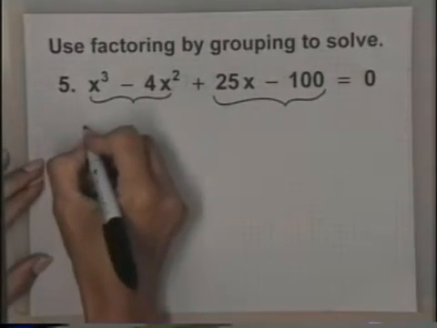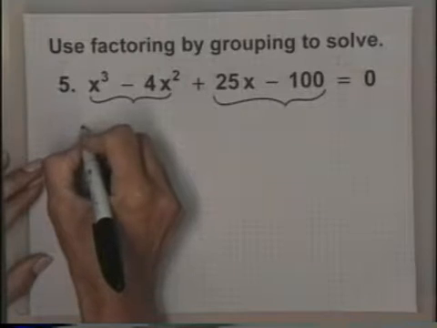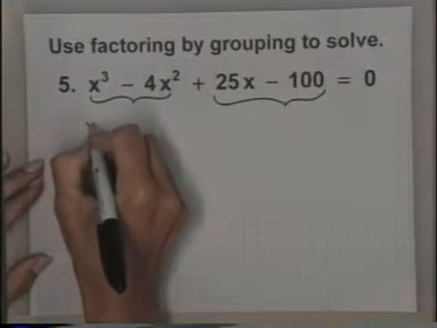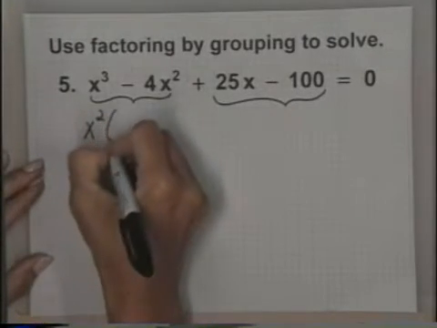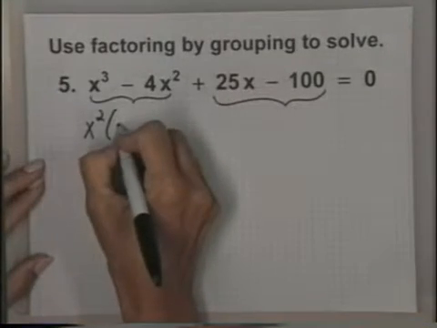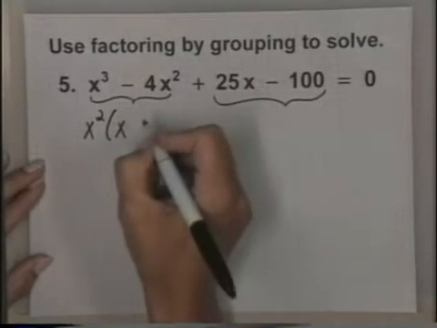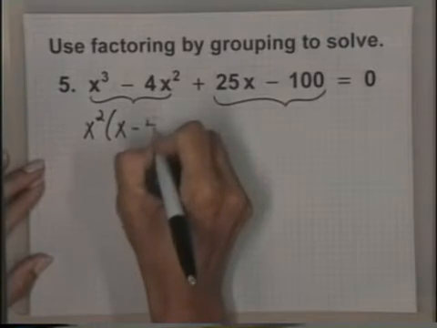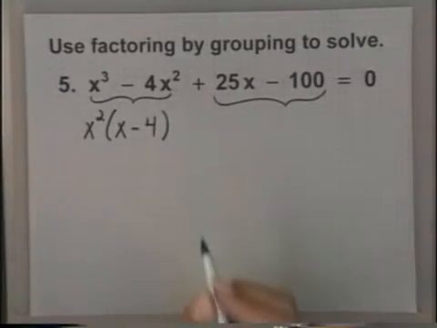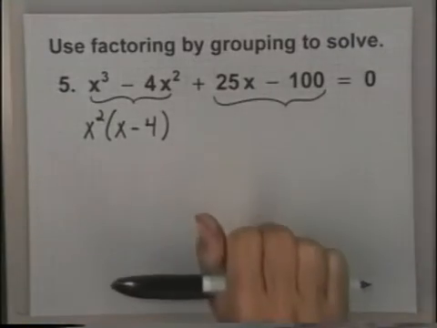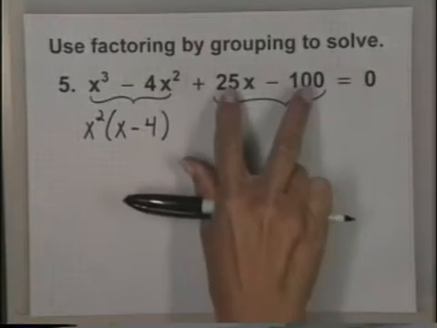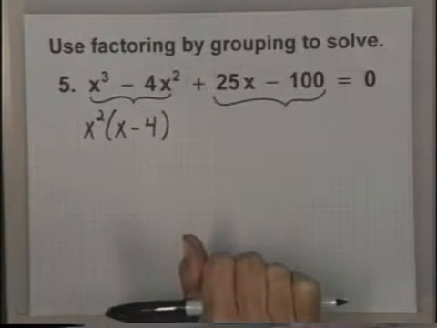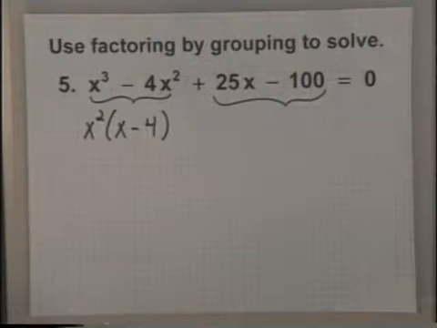In the first two, we can common factor x squared out of both terms. In the first term, that leaves us with x. In the second term, that leaves us with a negative 4. Looking at the next two terms, we have a common factor of 25. Of course, sometimes we take out a positive 25 and sometimes we take out a negative 25.